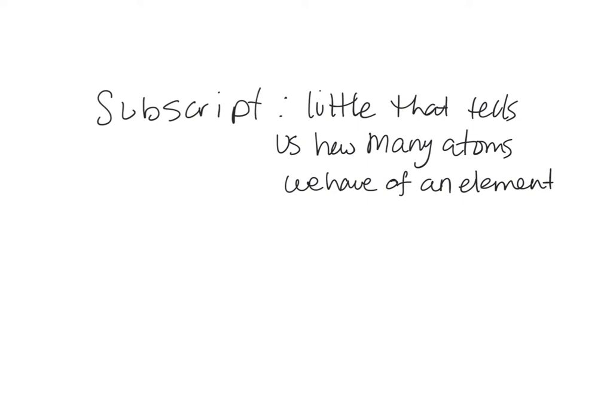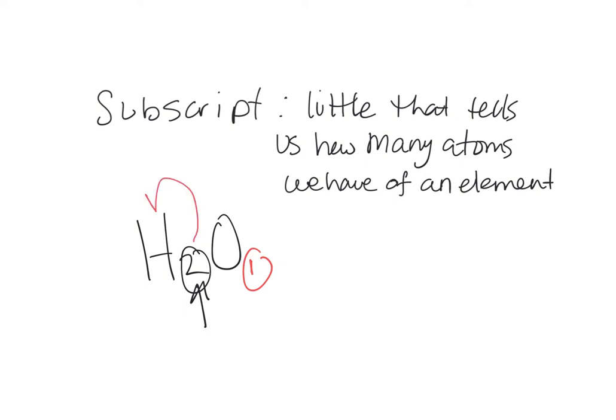That's that little tiny number at the bottom of an element. For example, H2O, that is your subscript right here. And if you don't see a subscript, remember you have to put the 1 in so you can actually see it. Now you know how to count atoms with subscripts because you know there's 2 hydrogen there and 1 oxygen there, so that subscript goes with the element directly to its left.